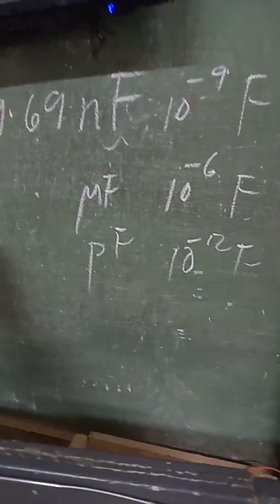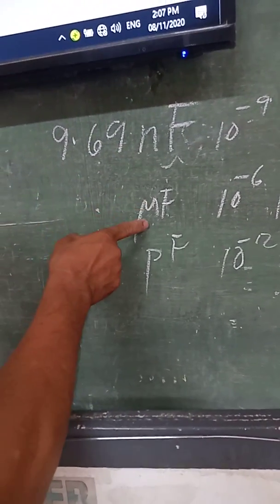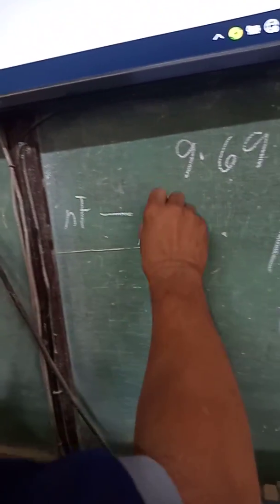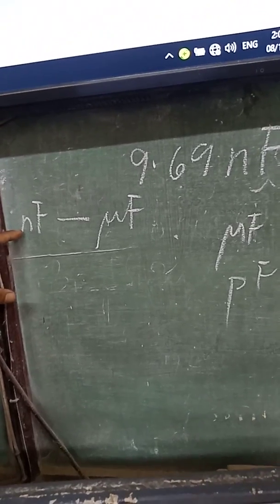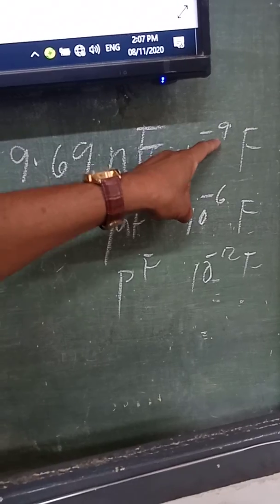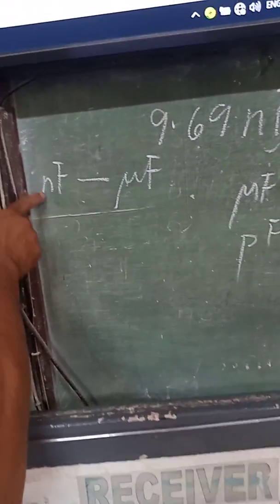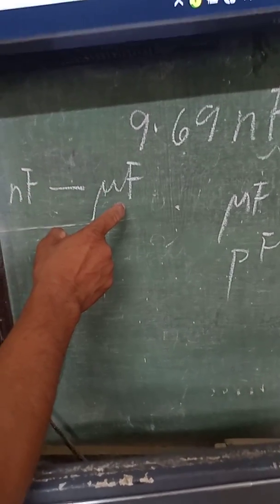When converting nanofarad to microfarad, you are converting a smaller unit to a larger unit. Nano is negative 9, micro is negative 6, so nano is smaller than micro.